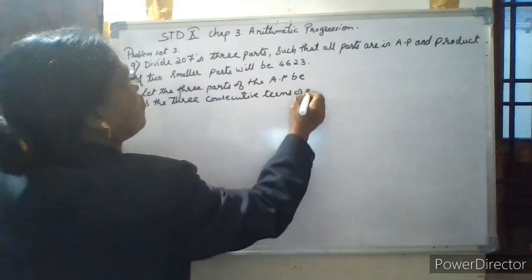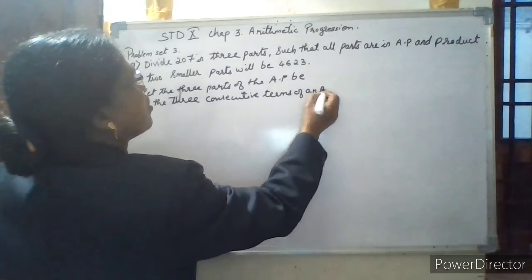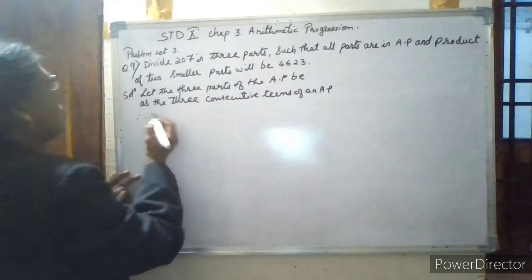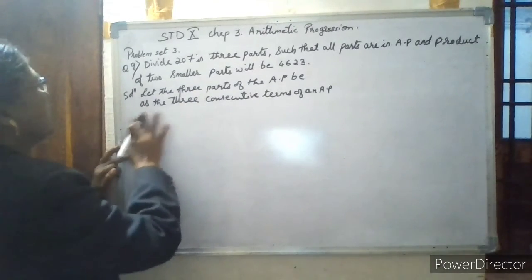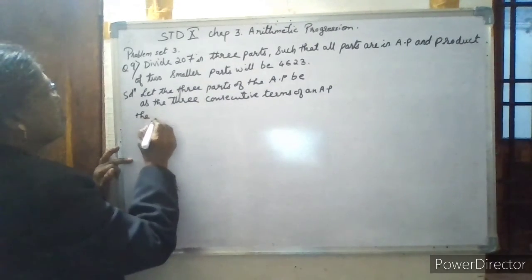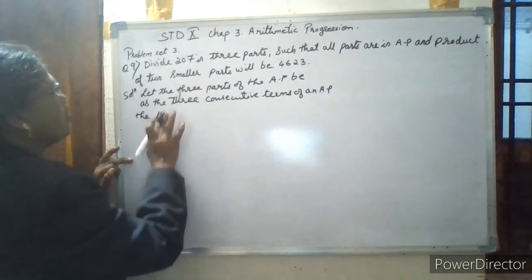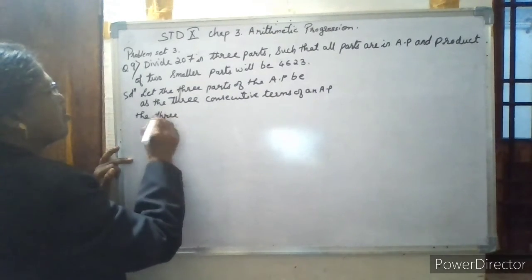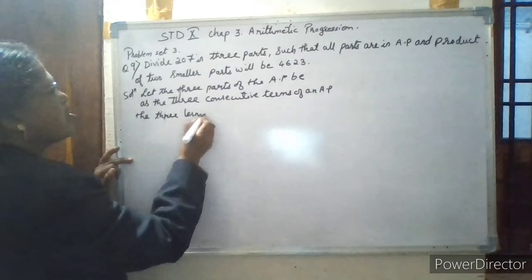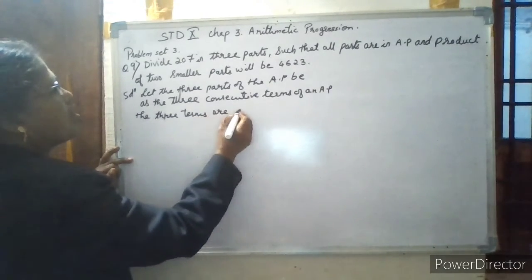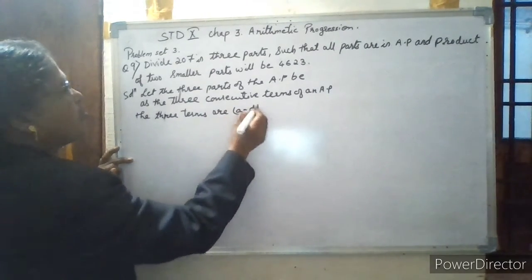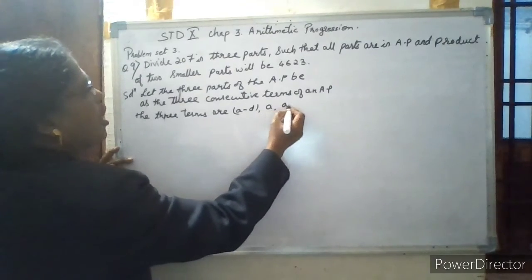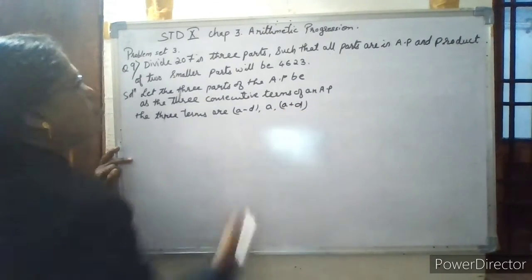Therefore, the three terms are a minus d, a and a plus d. These are three consecutive terms.